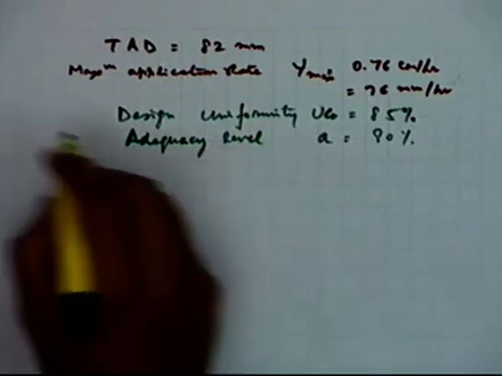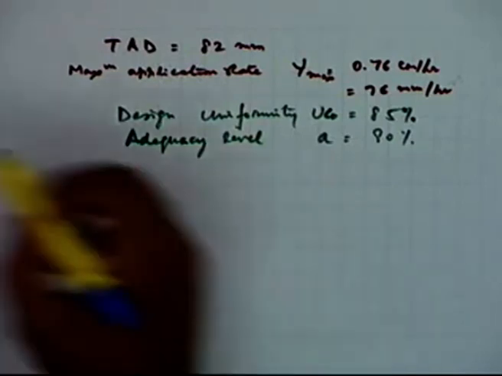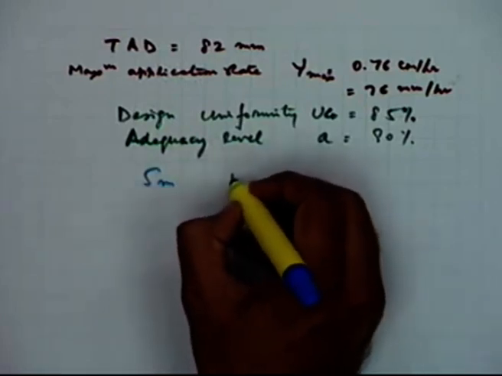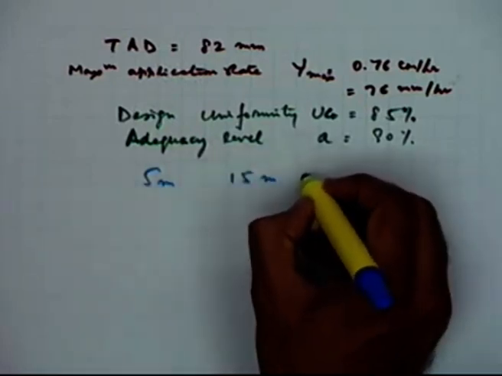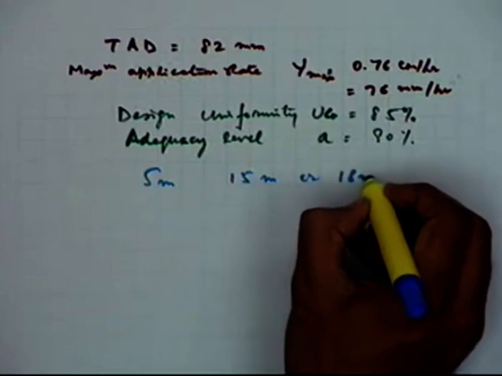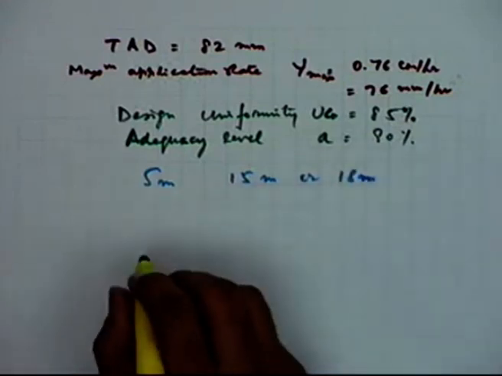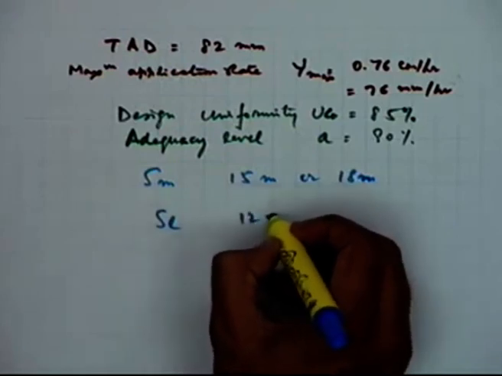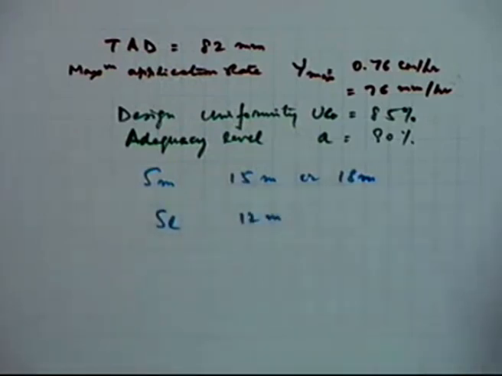So from that angle, the mainline spacing should be either 15 meters or 18 meters, and the lateral spacing should be 12 meters.